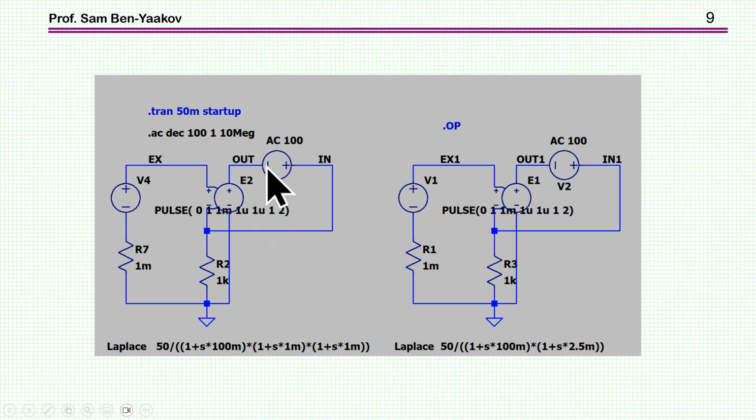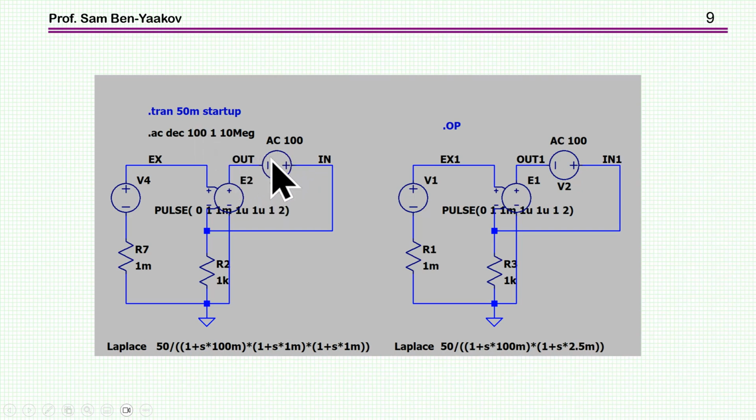In this particular case, I have three poles, one at a very low frequency, and then two poles at 1 kilohertz, in fact the same frequency, while here I have only two poles. The AC analysis and the loop gain measurement are done by having an AC source here, so that it is activated during AC analysis.